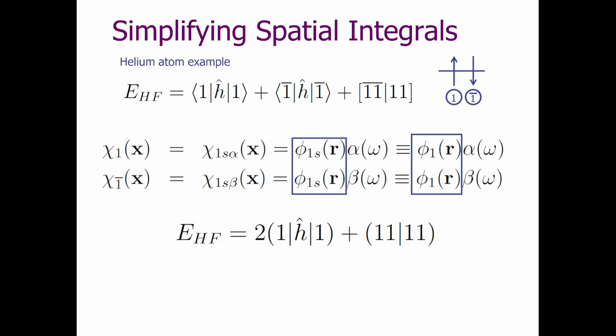Now for the helium atom, we had these, right? Now we have shown that these two are the same, so that's why they have written two times here, and the bar they have removed. So now they have the integrals in terms of the spatial orbitals. The first bracket here means it is Koopmans' notation. Generally they use the bracket notation, but I don't know why they have used the third bracket here.